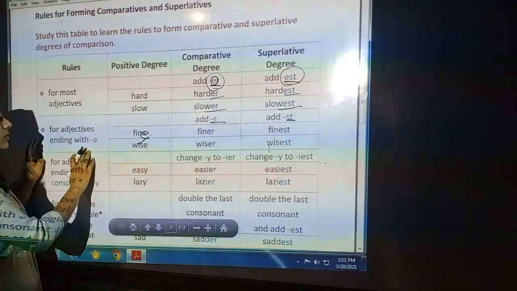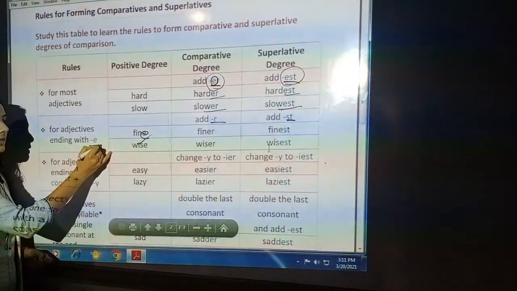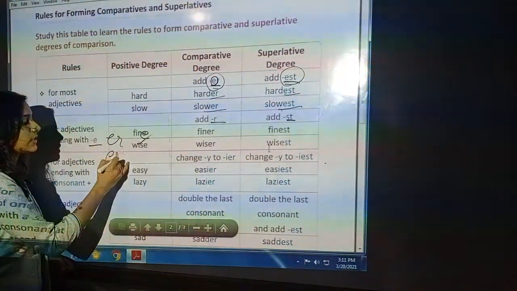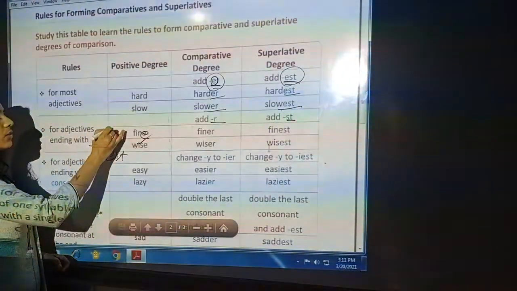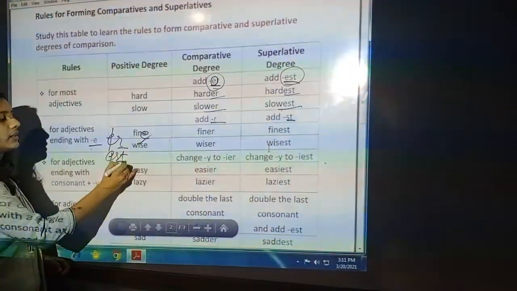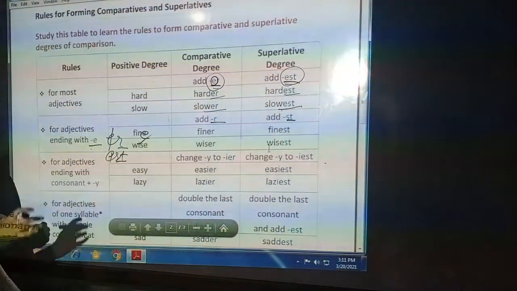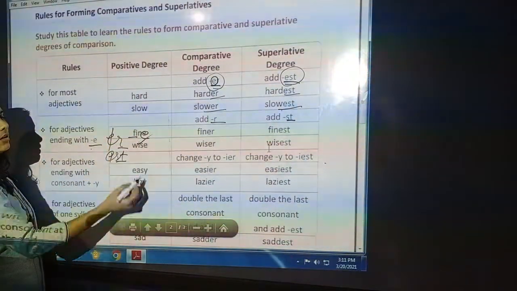In the adjective, if it is ending with E, we will not add ER or EST, but instead of that, when E is already there, we will add only R and ST to convert it into comparative degree and superlative degree.